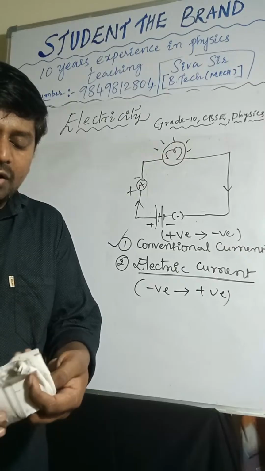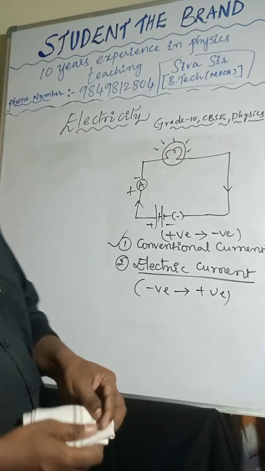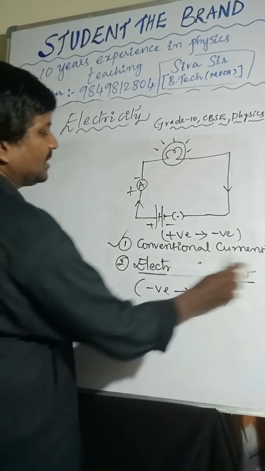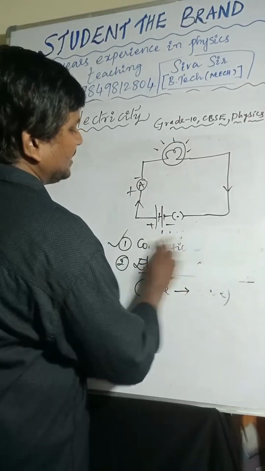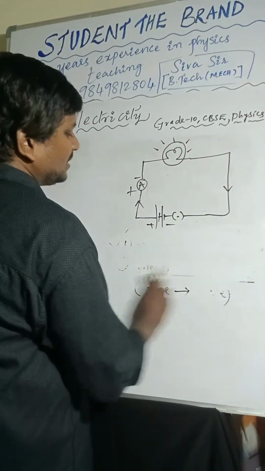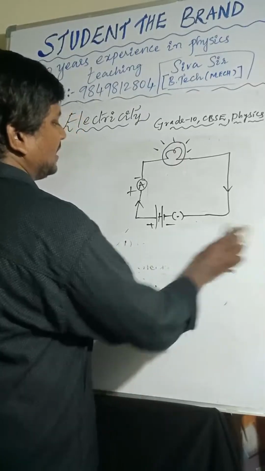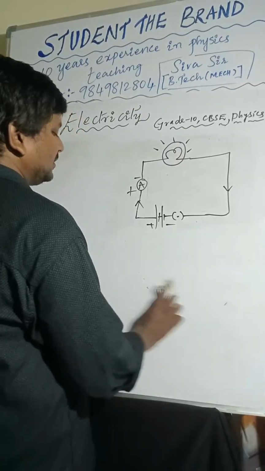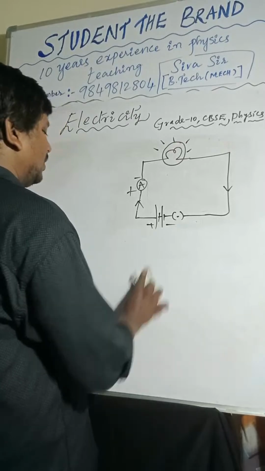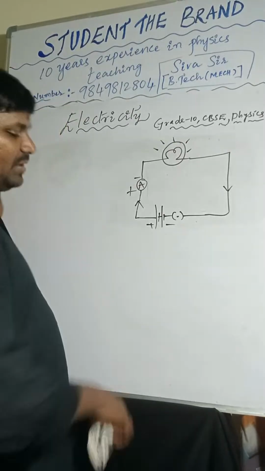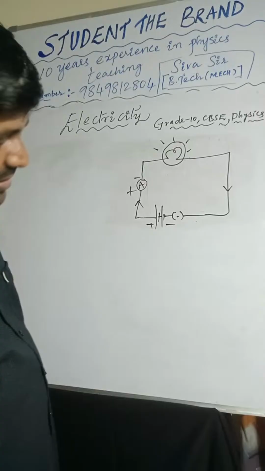A closed and continuous path of an electric current is called an electric circuit.